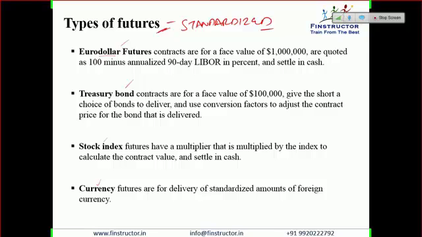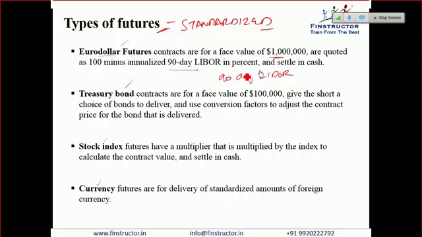In interest rate futures, each contract has a face value of $1 million and the quote is 100 minus the 90-day LIBOR. So the interest rate that you are punting on is the 90-day LIBOR. If you're positive on the rate, you can short.